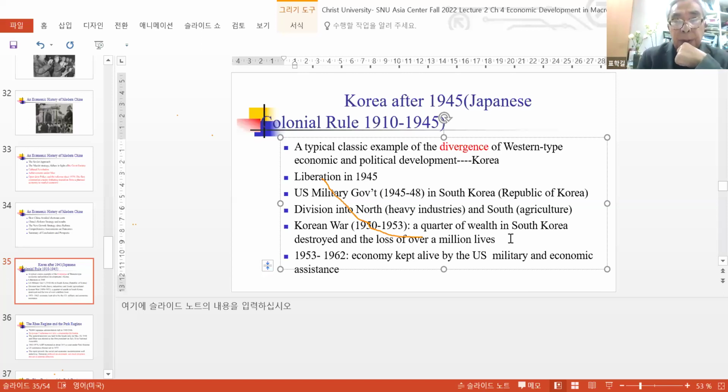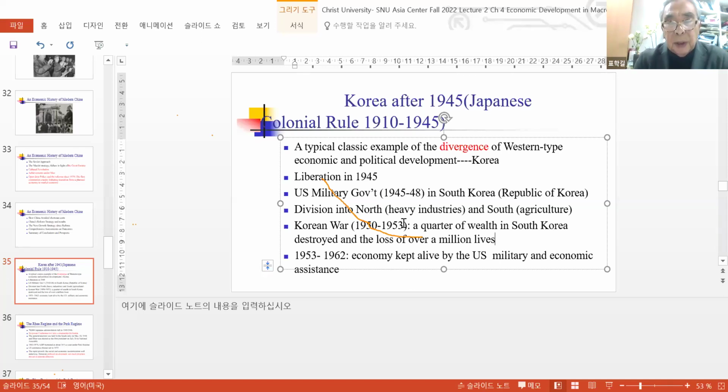At any rate, it was an internal war, the Korean War, between North Korea and South Korea, North Korea backed by the Soviet Union and China. On the other hand, South Korea was backed by US military troops.